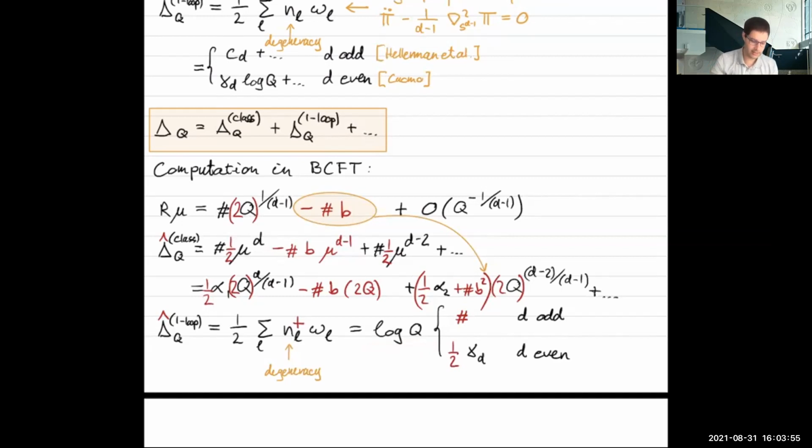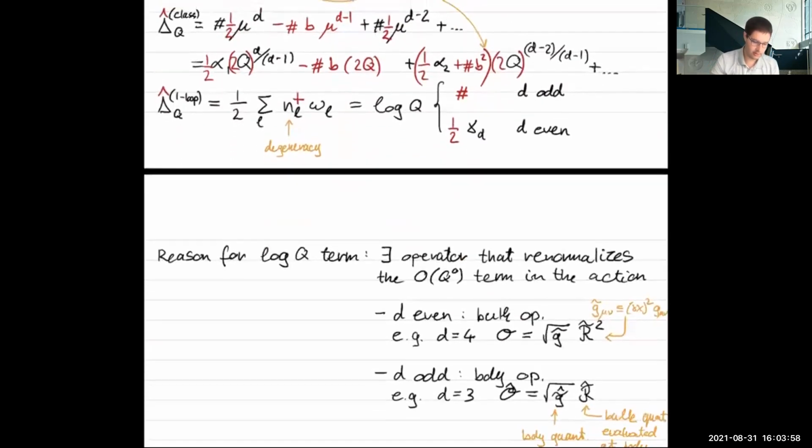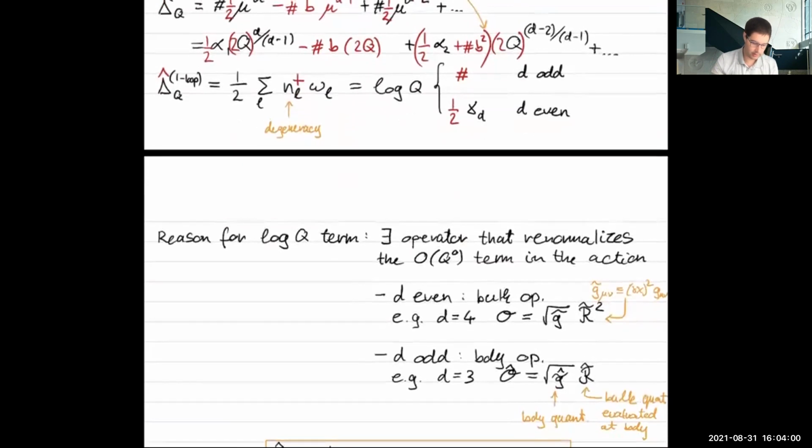Okay, so what's the raison d'etre for this log term in odd D? The logic for finding this log Q term, or the physical reason for its existence, is that in the action there exists an operator that renormalizes the order Q to the 0 term, and so from there we are allowed to have a divergence, and we indeed do have one.